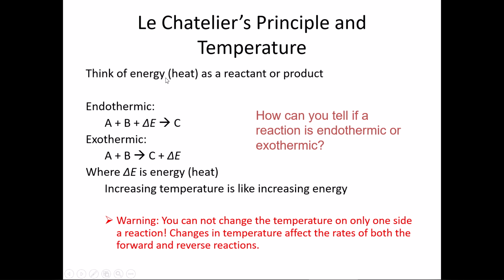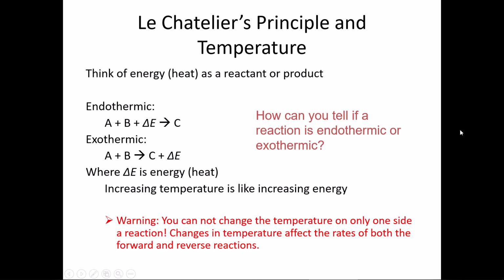And the way it changes is based on whether the reaction is endothermic or exothermic. So we have to know whether we have an increase in heat going into the reaction or we have heat released from the reaction. We can treat the heat of the reaction like it's a reactant for endothermic reactions or a product for exothermic reactions.